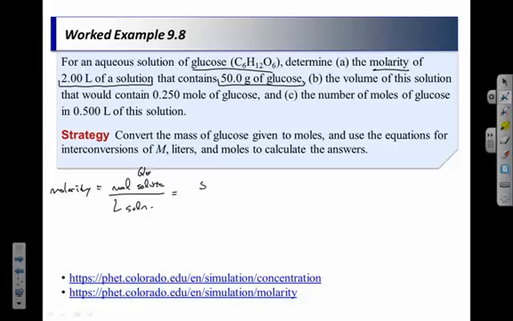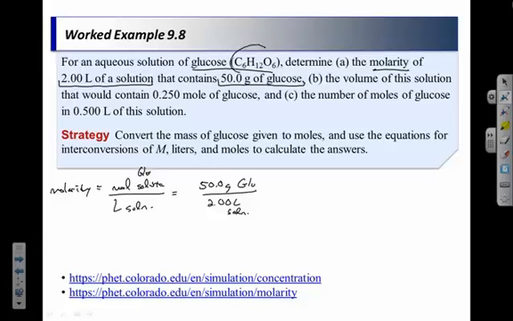So if I have 50 grams of glucose and I dissolve that in 2 liters of solution, that's almost molarity. Instead of moles per liter, I've got grams per liter. So what do I need to do to get to molarity? Right, I need the molar mass.